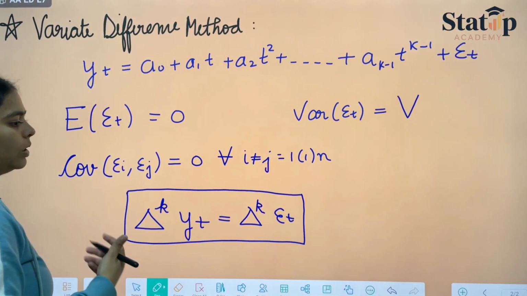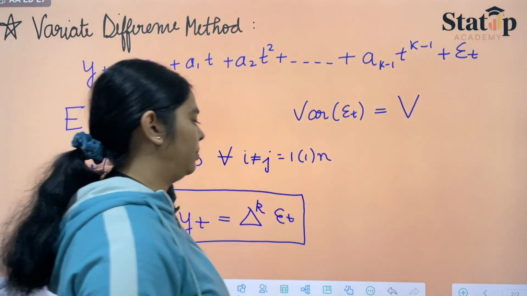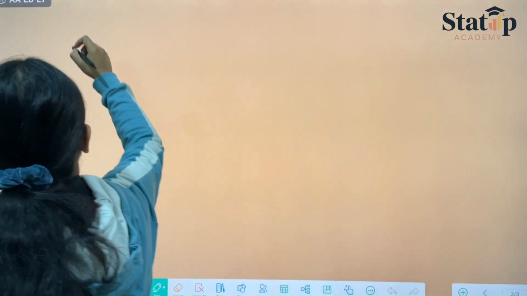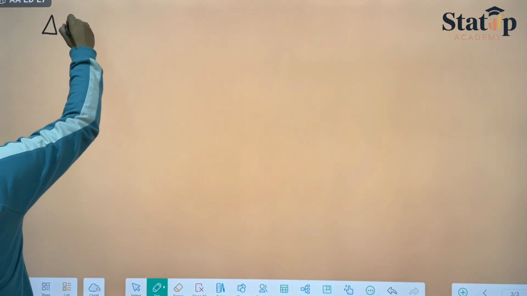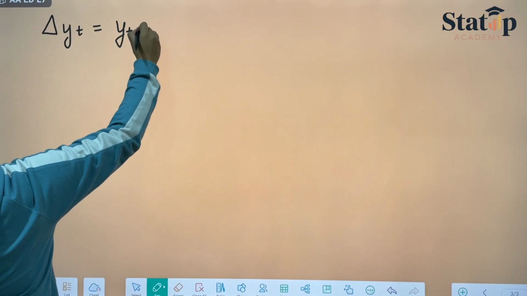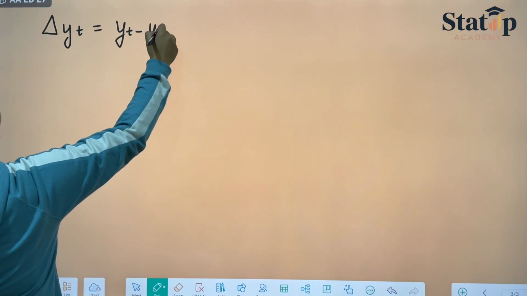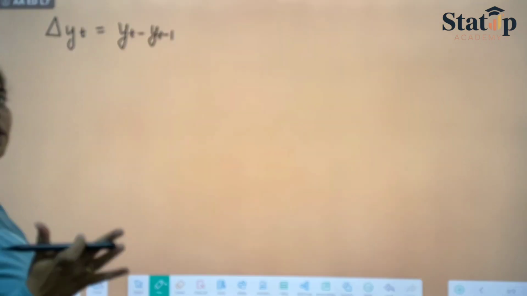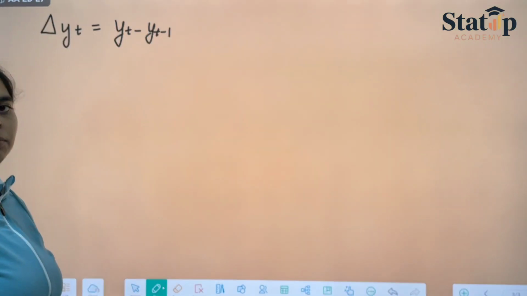Now what is the forward difference? This we will learn in the numerical analysis paper. For now, I'm telling you, if I say the forward difference of yt, then it will be yt minus yt minus 1. This means this value minus the preceding value of the same term.